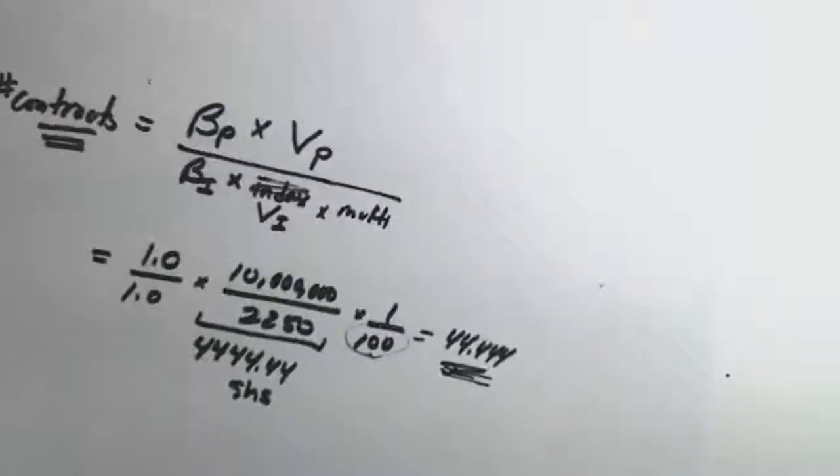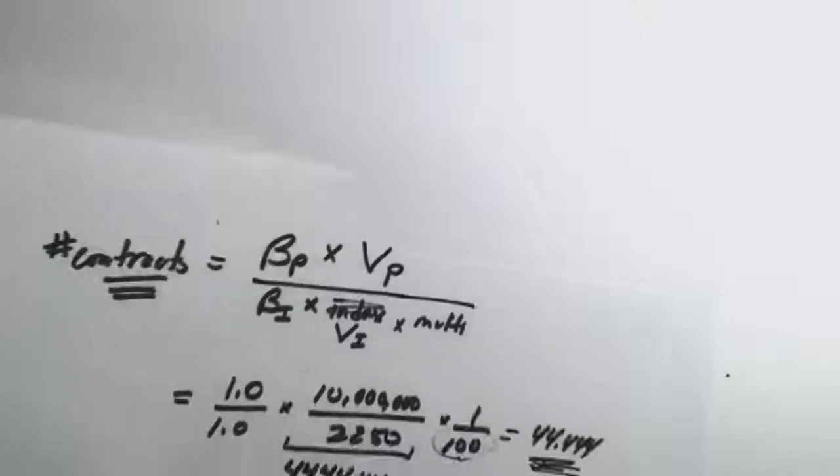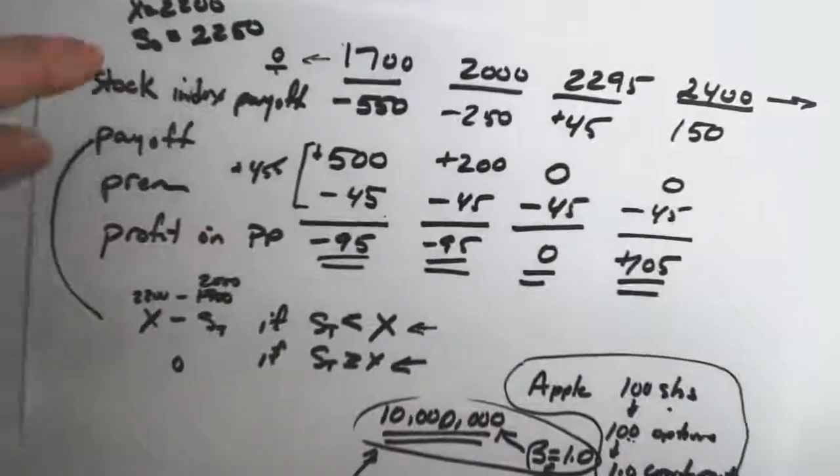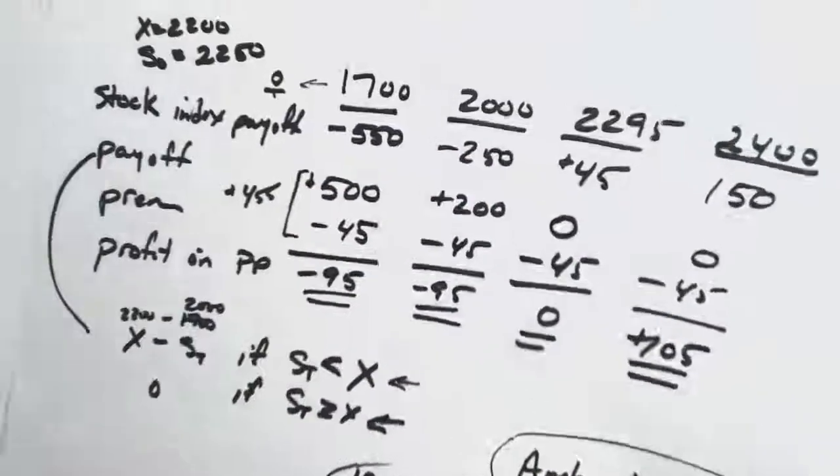So how do we know that we've hedged our portfolio correctly under the scenarios? So let's do the analysis, and this gets a little tedious, but very insightful. So remember, going back, we had 1,700, 2,000, 2,295, and 2,400.